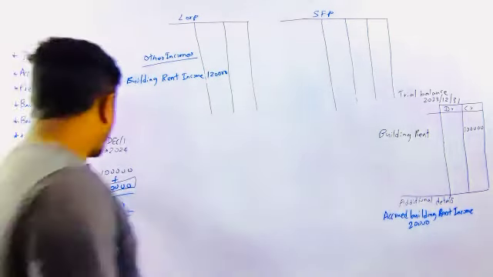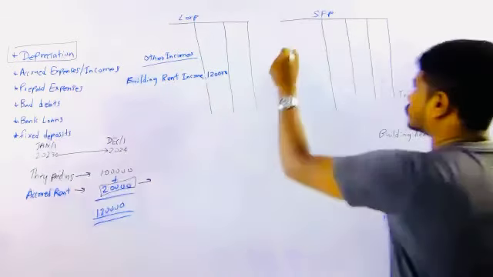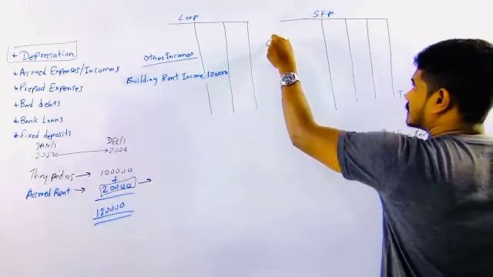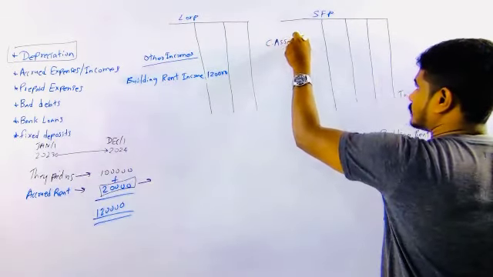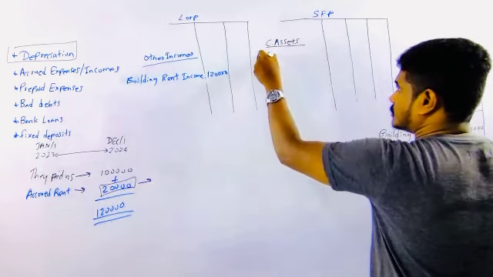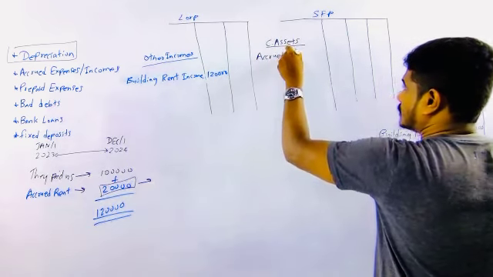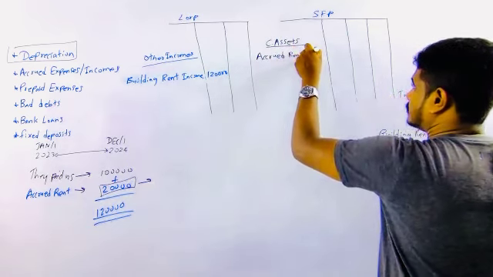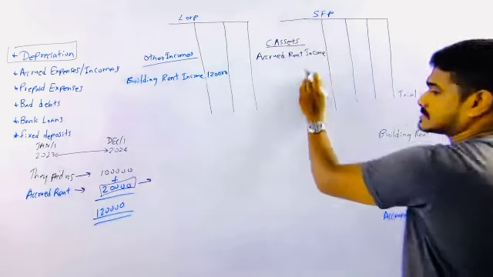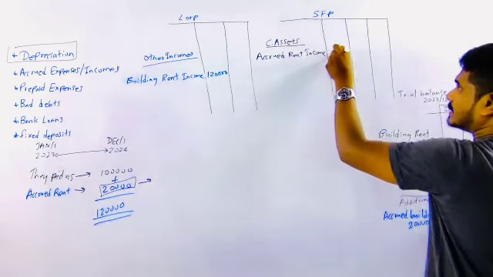It also converts to an asset. So this accrued rent is an asset. So we have to input this under current assets as accrued rent income, 20,000.